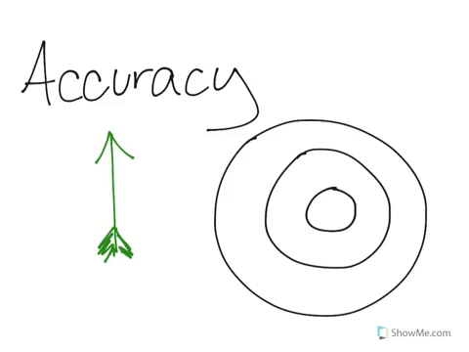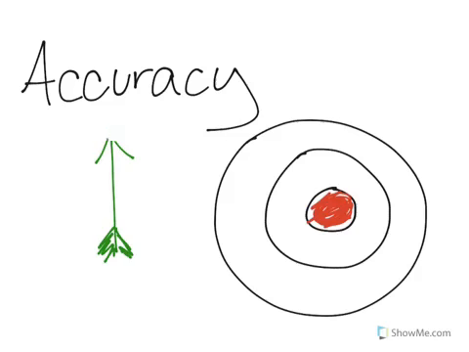So let's define accuracy. Accuracy is the closeness of a value to a particular standard. So there needs to be kind of like a goal that you're trying to get at. In this case, if we're throwing darts or trying to hit a target, let's pretend that this middle part right here is the bullseye. Well, let's not pretend, it is the bullseye. That's what we're going to try to shoot for.